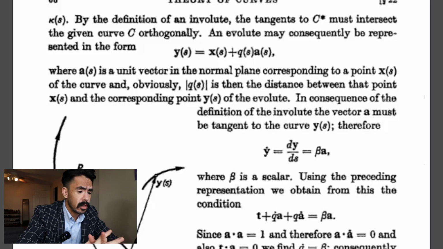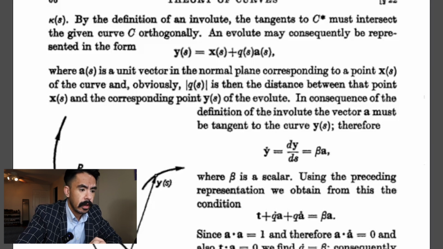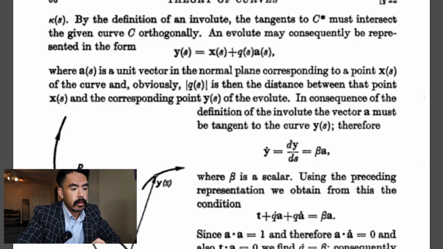In consequence of the definition of the involute, the vector A must be tangent to the curve y(s). Therefore, the derivative of the vector y in terms of arc length, or y dot, is equal to dy/ds, which is equal to beta times the vector A, where beta is a scalar.